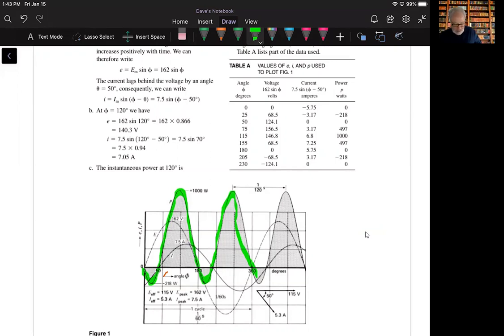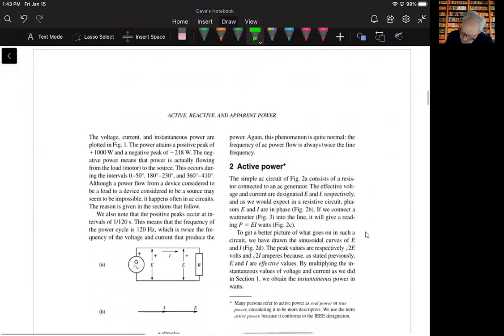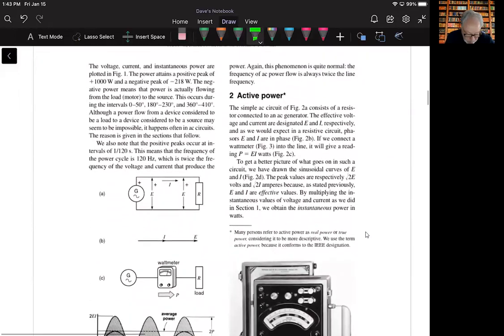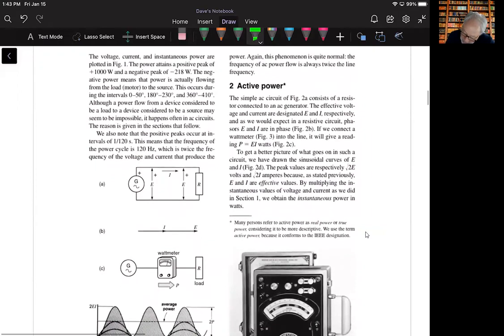All right, and then to wrap this up, he goes through figure 7.2, and since I'm here in the book, I'll go through that with you right now. He says that the voltage, current, and instantaneous power are plotted in the figure. It attains a positive peak at 1,000 watts and a negative peak at 280 watts.